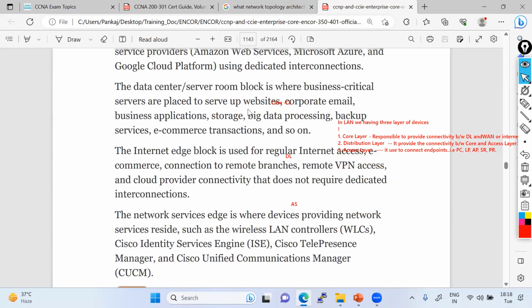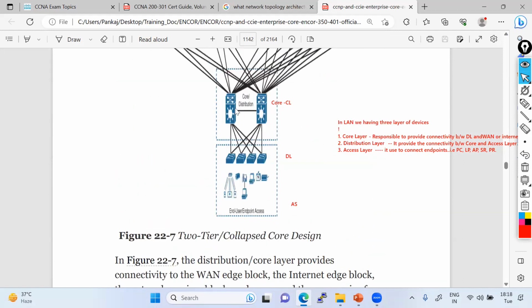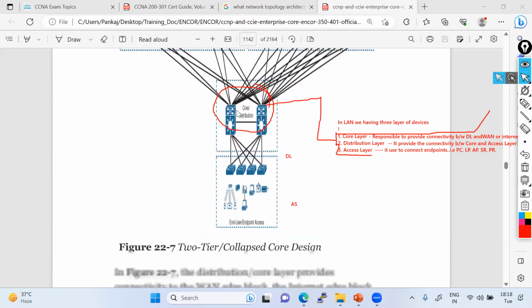So in the 2-tier architecture, your core and distribution layer will have a different role and responsibility because they do both things together. One, they make the connectivity with the WAN, and they also make the connectivity with your access layer, because they both become core and distribution. So there is no separate core functionality. This is a 2-tier architecture.